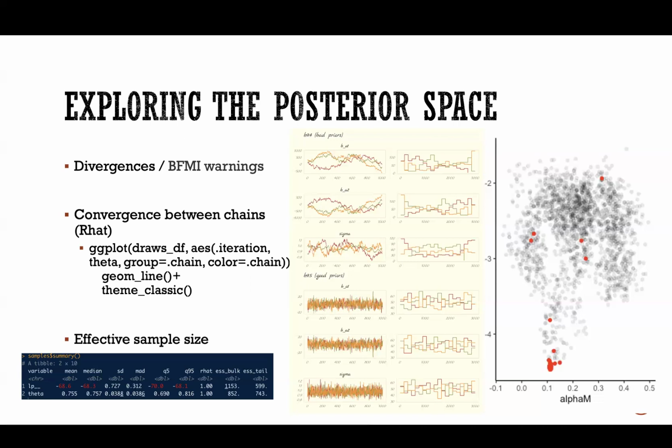Or 20. What are the practical implications of the effective sample size? The practical implication is that, remember, we're trying to draw a distribution. If we have 20 effective samples, how good a picture of the distribution are we getting?